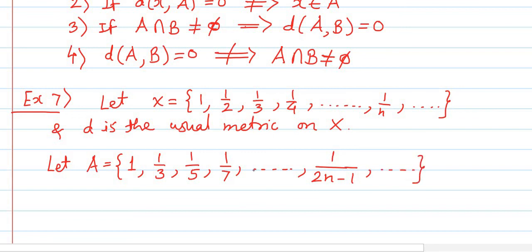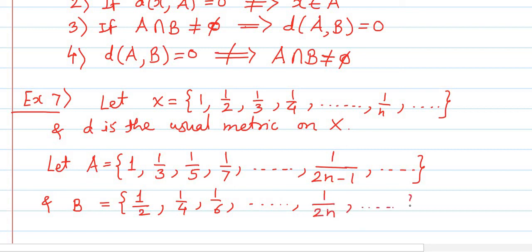And let us suppose that B is the set which consists of the reciprocals of even natural numbers. Means B has members 1 by 2, 1 by 4, 1 by 6, 1 by 8, and continued. The nth member will be 1 upon 2n.